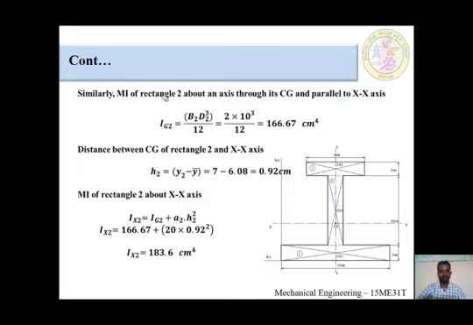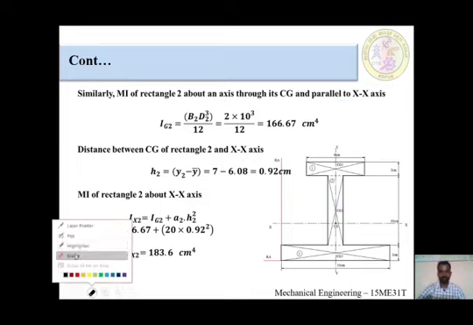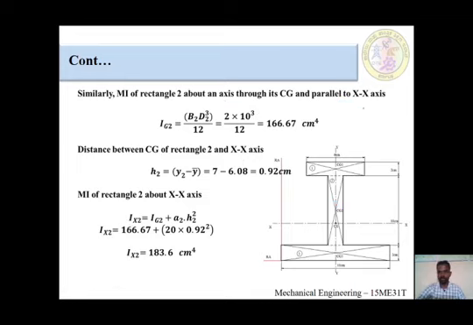For better calculation, I am taking out this web part here. From the reference, from here to here, half of the component is how much? 2 centimeter plus half of the component, so this would be 7 centimeter.